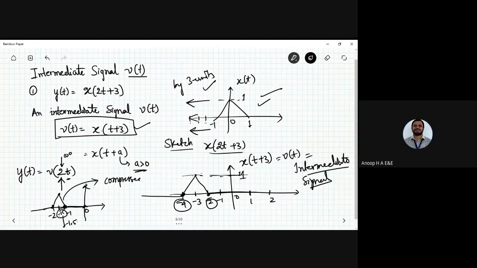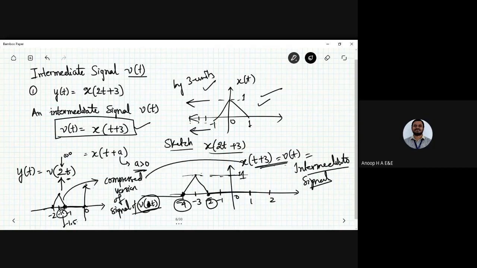Compressed. Yes, compressed version of which signal? Compressed version of the signal V of t. Sorry, this is V of t here. This is V of t.